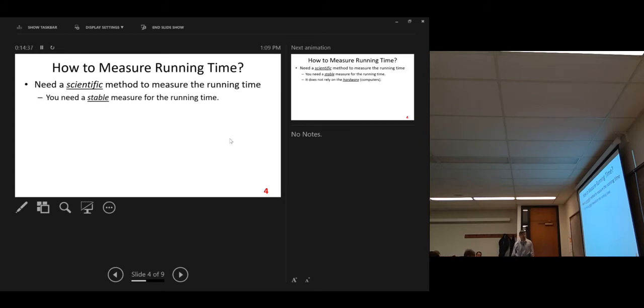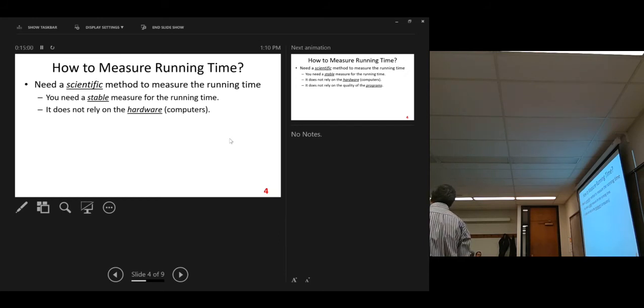All right. How to get a stable running time? Our next question. It does not rely on the hardware, computers. So I have a very slow computer, a 10-year-old computer, don't worry. Our measure does not rely on it.